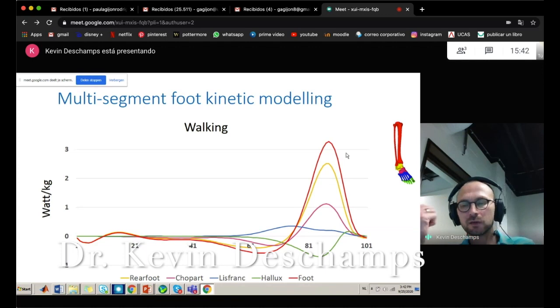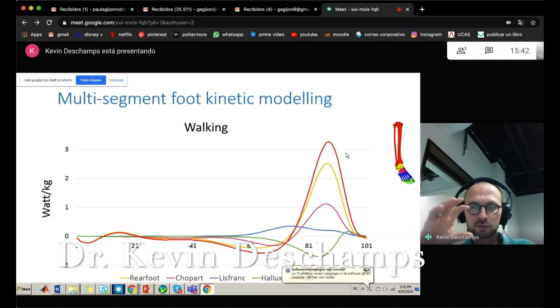So basically what we have observed by integrating a multi-segment approach is that our previous models, which consider the foot as one rigid model, considerably overestimate the power generation, basically by 15 to 20%.